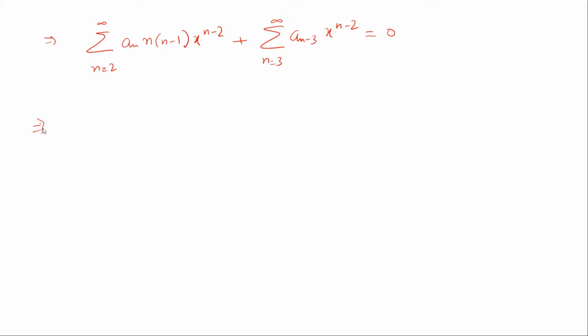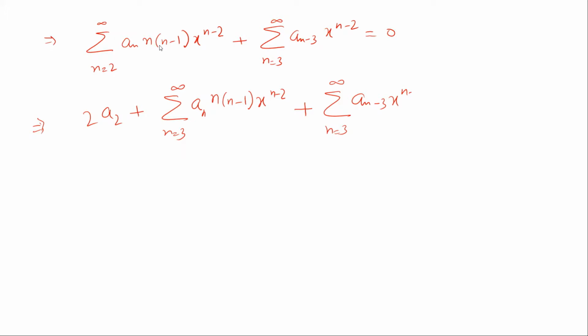If we put n equals 2, we get a_2 into 2 into 2 minus 1, that is 1, into x to the power 2 minus 2, so 2 into a_2, plus we can write here the sum from n equals 3 to infinity of a_n into n into n minus 1 x to the power n minus 2, plus the sum from n equals 3 to infinity of a_(n minus 3) x to the power n minus 2 equals 0.